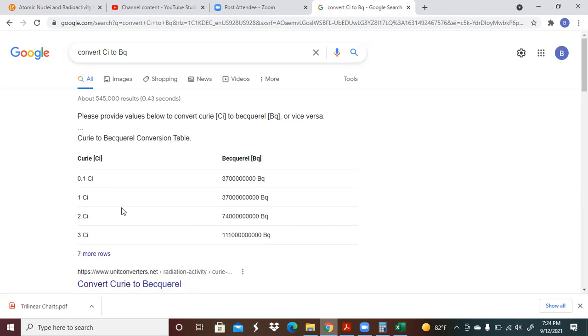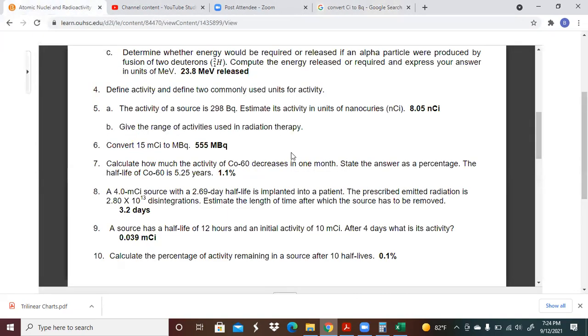And you can see the difference here. 1 curie is equal to this number of becquerel. Let's try this whole thing.